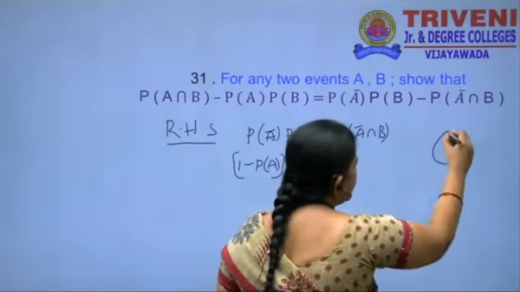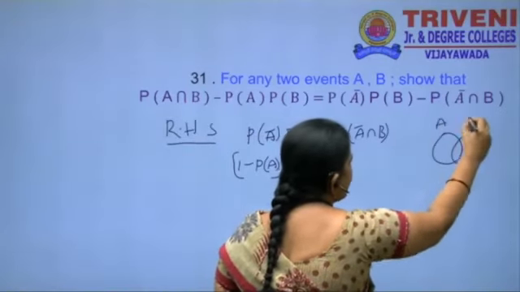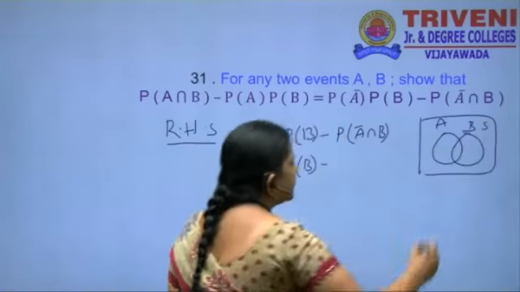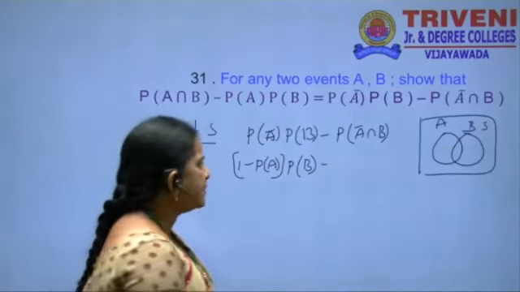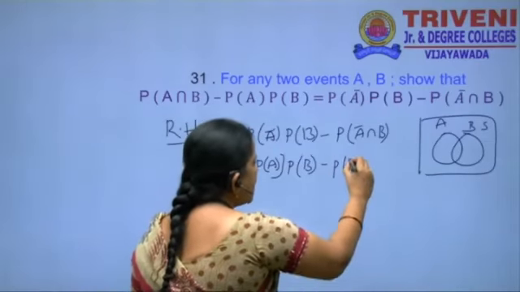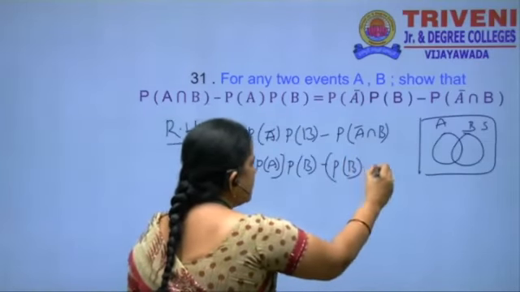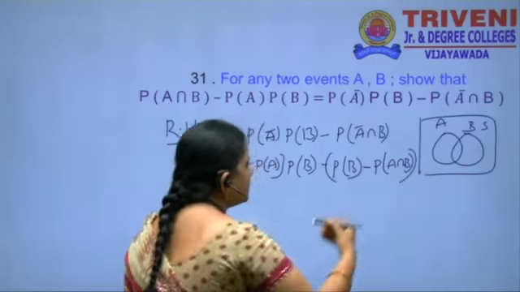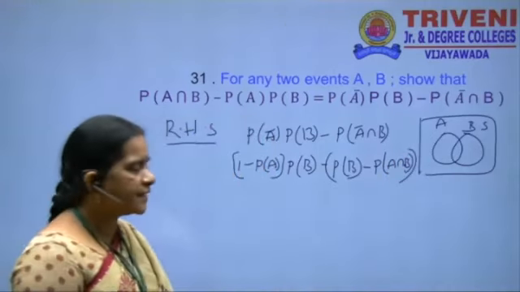Here A and B are two events in a sample space S. Then A bar ∩ B bar can be written as P(B) − P(A ∩ B).